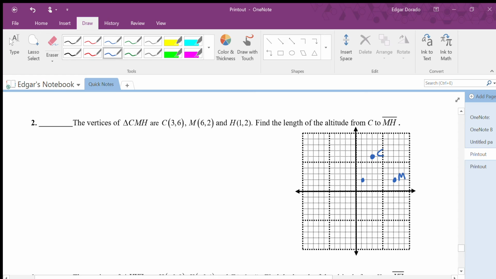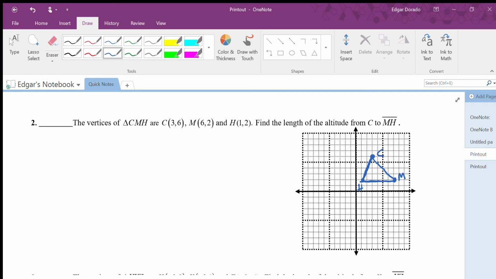Alright, let me just make sure that that is correct. So 3, 6, 6, 2, and 1, 2. Okay, perfect. So let's go ahead and draw in our lines. Right there. And right there. Perfect. Alright, so it says find the length of the altitude from C to H.